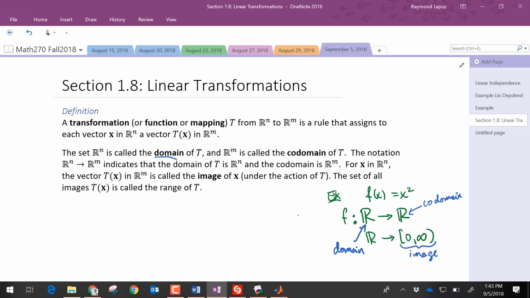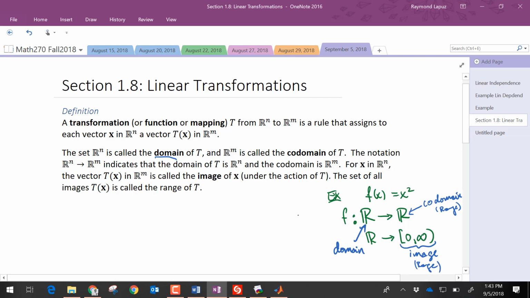So you see the difference between the codomain, sometimes called the range. It's tricky because sometimes this is called the range, and sometimes the codomain is called the range. I think this is why they pulled away from the word range, because it can be used interchangeably. Actually, codomain can be used interchangeably too.